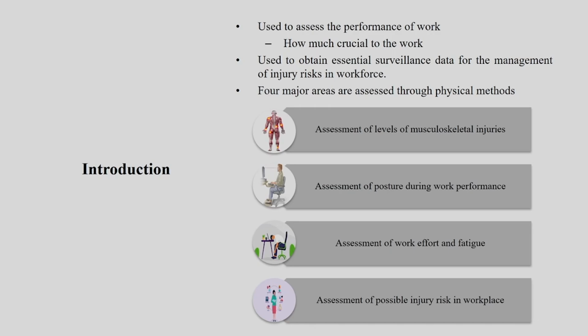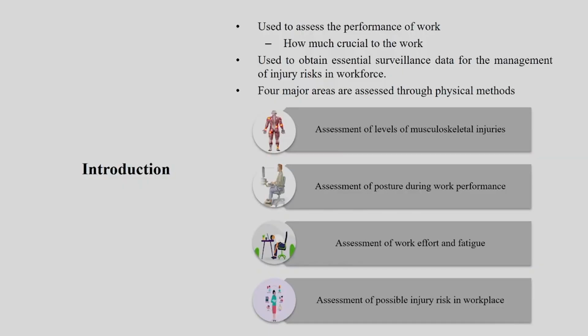Now whatever things are covered in the domain of physical ergonomics, and when we try to measure and assess them through some techniques and tools, we will call them the physical methods, and we will try to explain and practice them in this set of lectures. Okay. So if we talk about physical methods, we use them to assess the performance of work. Basically, we will try to understand the physical performance of a particular work.